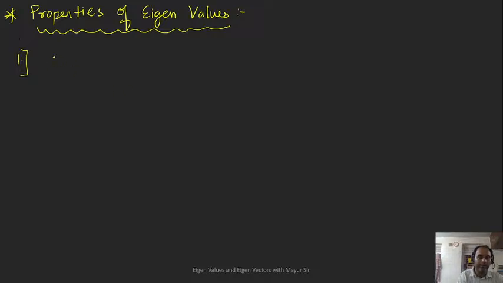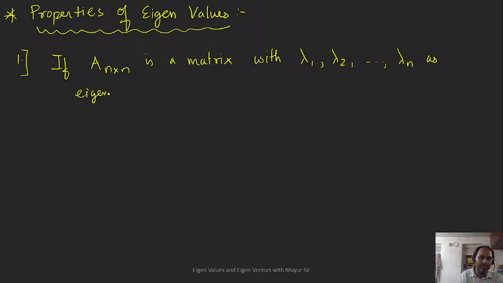If we first generalize, if A, an n cross n matrix, has lambda 1, lambda 2 up to lambda n as eigenvalues, then the first result comes here.